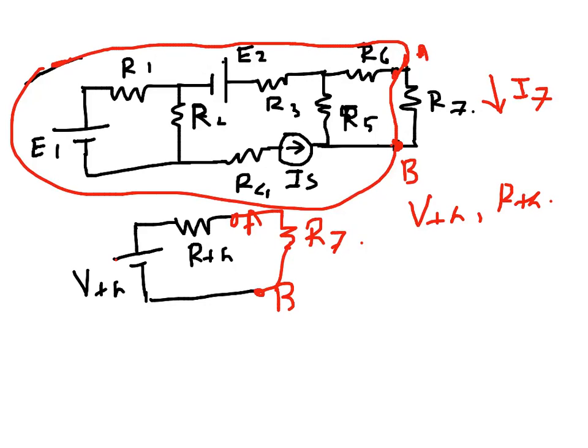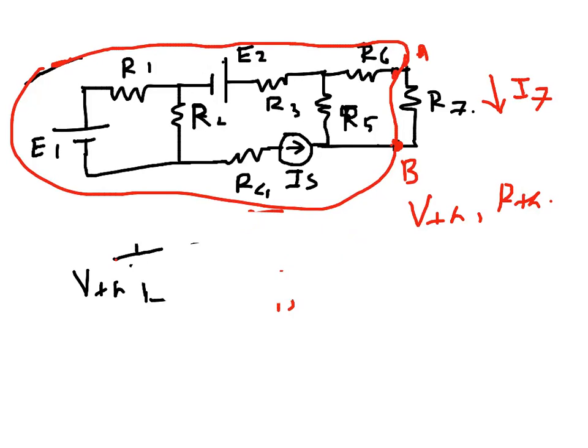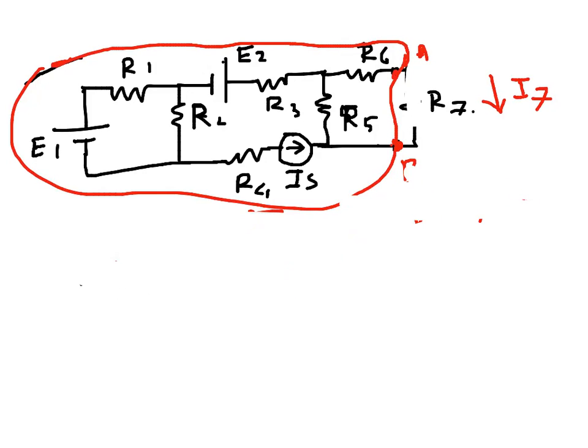To find the Thevenin's voltage, the circuit is opened at this place, at this port. So basically it is taken out here, and the open circuit voltage here is calculated.